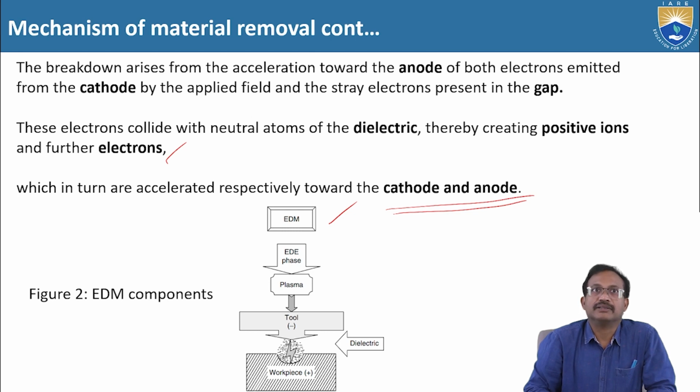So here positive ions and negative ions will be noticed, at both anode and cathode. Here the cathode is the tool, that is the negative electrode, and the anode is the workpiece, that is the positive electrode. However, these two are separated by the dielectric fluid.